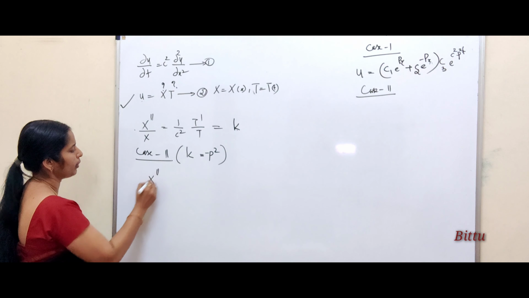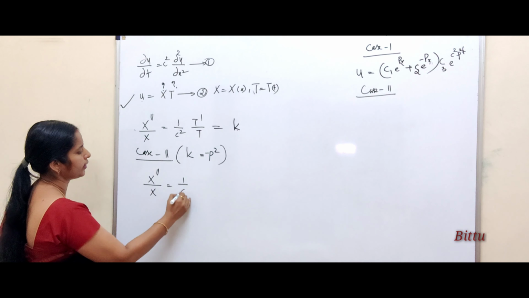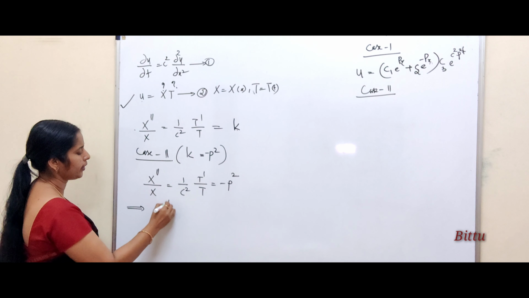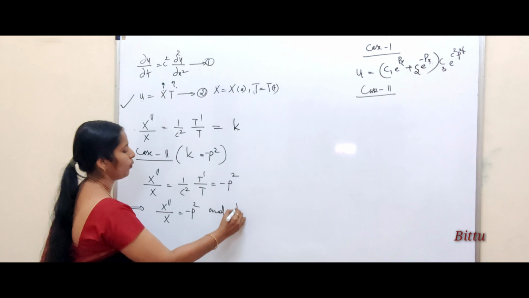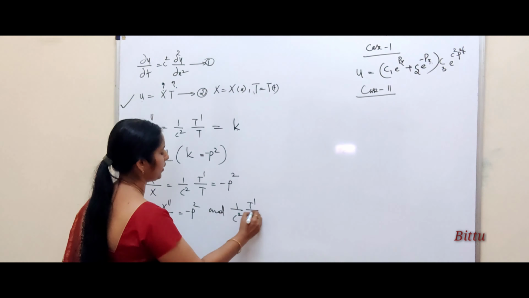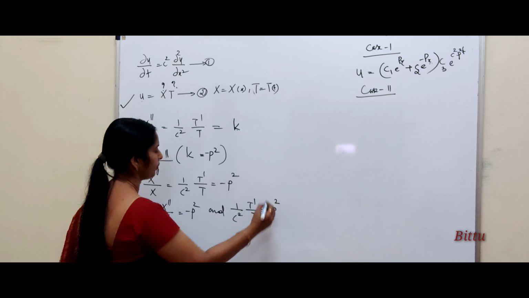So we have X double dash by X is equal to 1 by c square T dash by T is equal to minus p square. This implies X double dash by X equal to minus p square, and 1 by c square T dash by T is equal to minus p square.